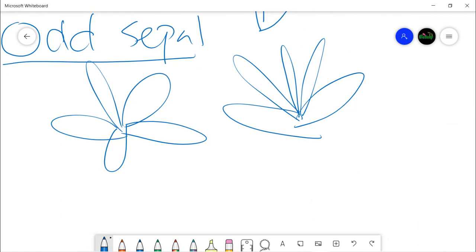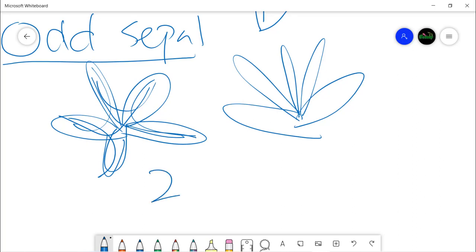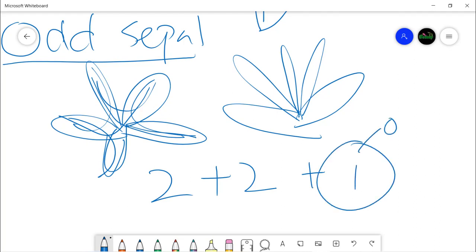For example, we have 2 and 2, and this one will be the odd. Since they are 2 plus 2, and this one, the fifth one, this is the odd sepal.